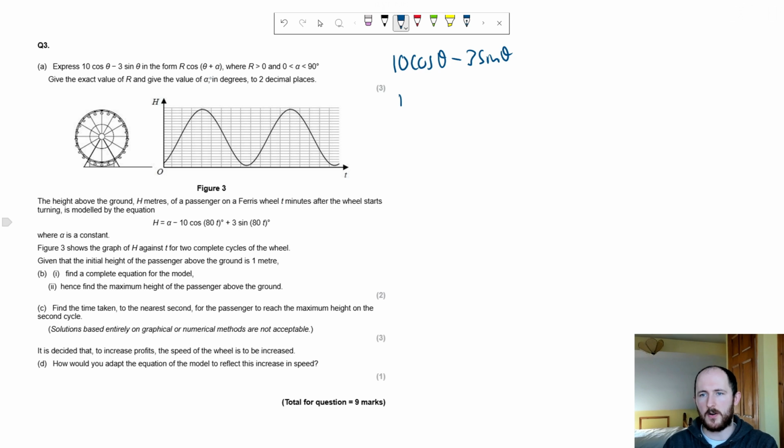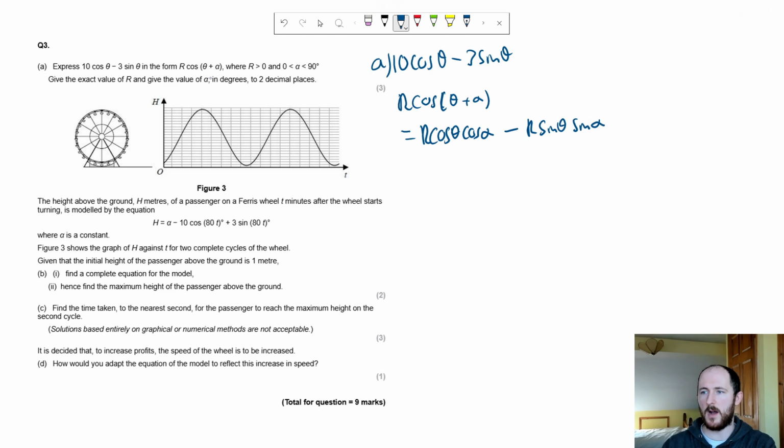So if we do r cos(theta plus alpha), you get given the addition rule in the exam. So I'm going to show you how to do it this way, just so you're not relying on memory, because relying on memory, especially when you're under pressure, and especially when you have like 4 different exams in a week, it's not very reliable. So again, the addition rule just says that you have cos theta cos alpha, so cos of both of the things, minus r sine theta sine alpha.